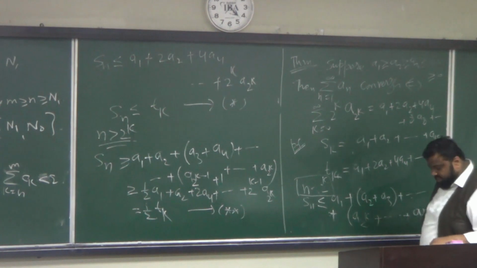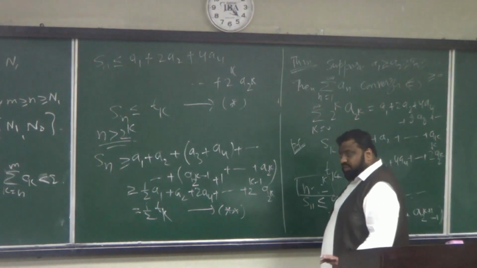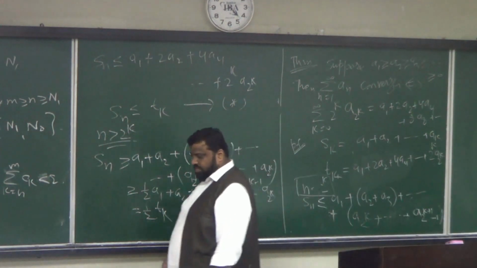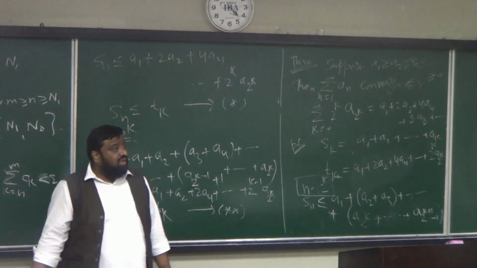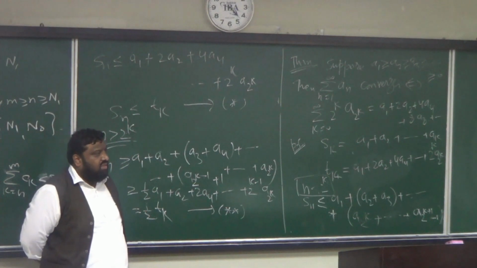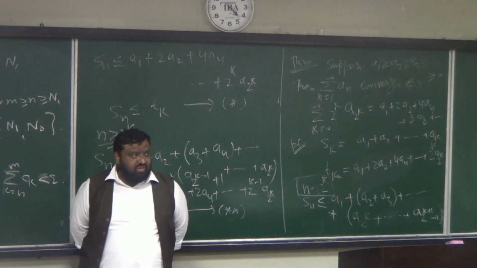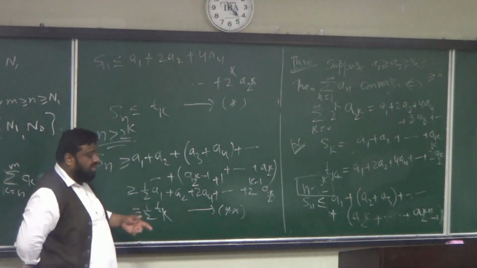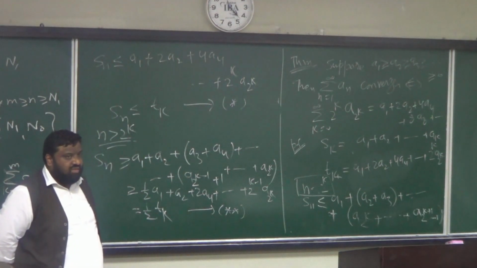Partial sums are bounded. Which inequality following basically allows you to get into this inequality? T_k is also a partial sum.